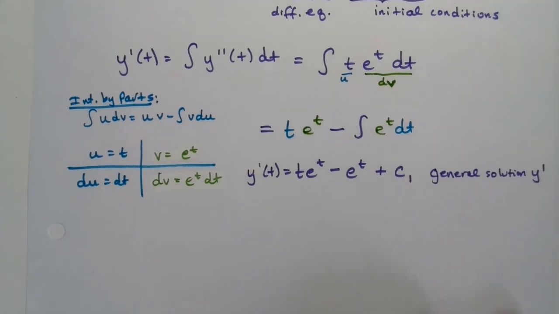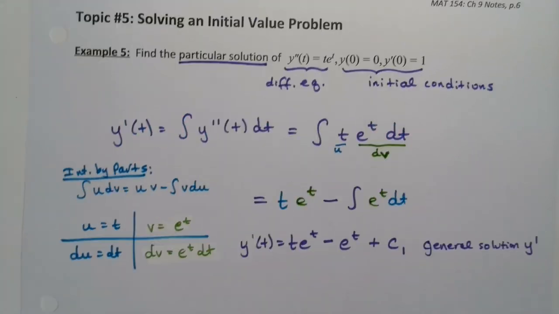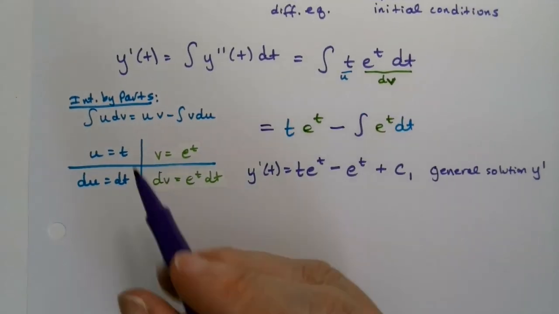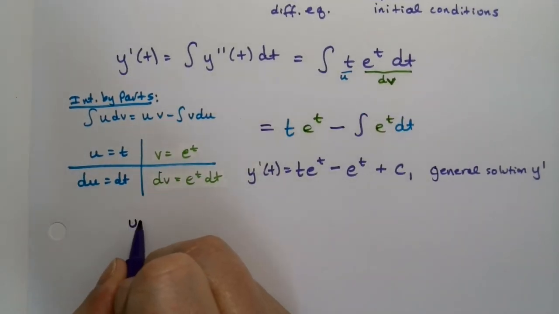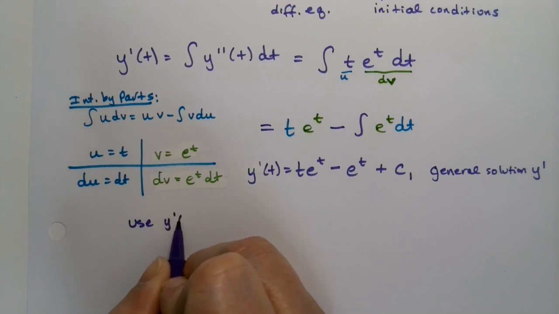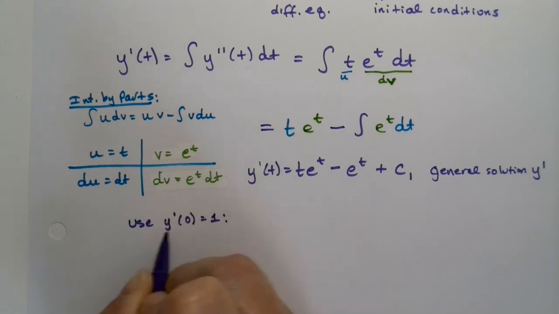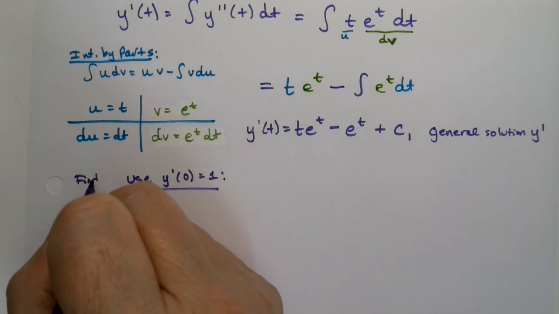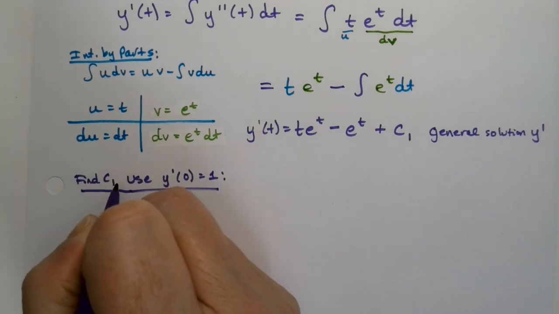But I don't want a general solution, I want a particular solution. So I can use the fact that I know that y prime of 0 is equal to 1. So use y prime of 0 equals 1 to find C1, right? That's what you're using.